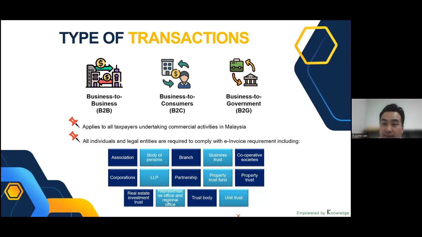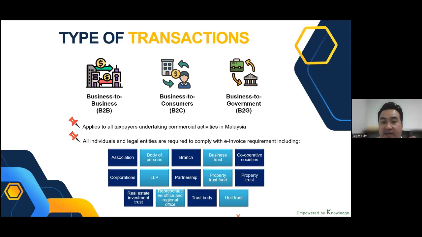So we go to B2C. B2C depends on the consumer. If the consumer requests the e-invoice, the company is required to provide it. You can provide it immediately, or you can provide it later. That is the arrangement between you and the customer.